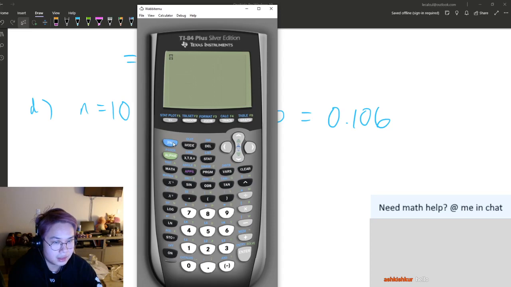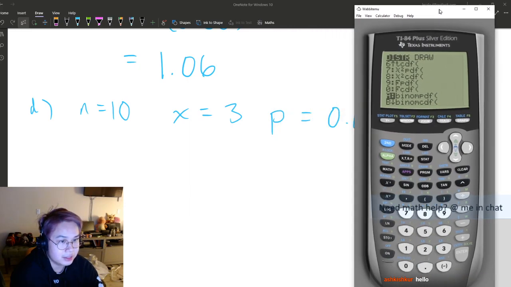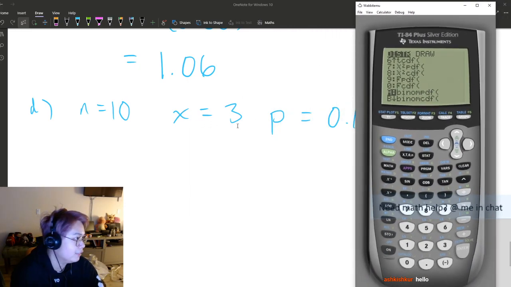So again, second, go to distribution, go down to binomial. And just to reiterate, we're finding a single instance where we have exactly 3, so we have a PDF, not a CDF. That's 10 trials. Probability of a single seashell is 0.106, and we are interested in 3 seashells.